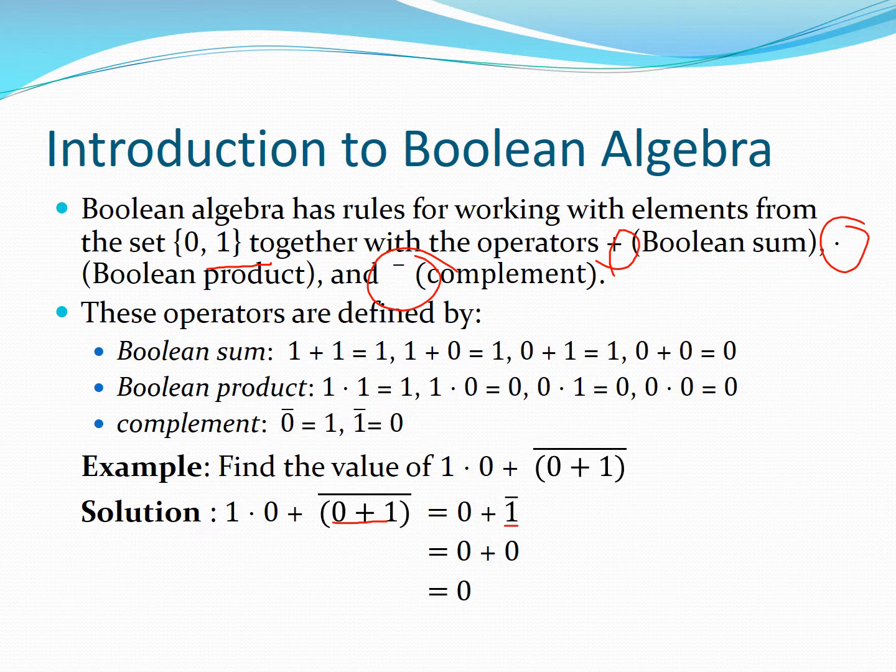And then of course you have the complement of that you need to find for the next step. Then you have a 0 as it is coming down, and then we have the complement of 1, which gives you a 0, right? And then adding the two zeros gives you back a 0 based on the definition of your Boolean sum.